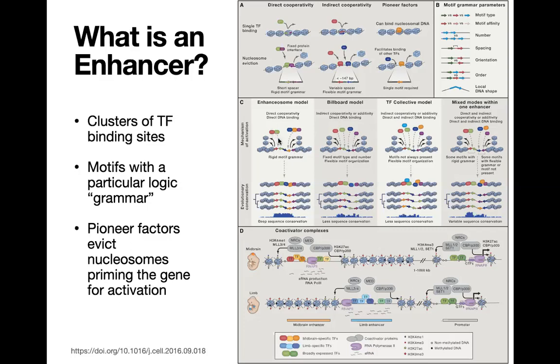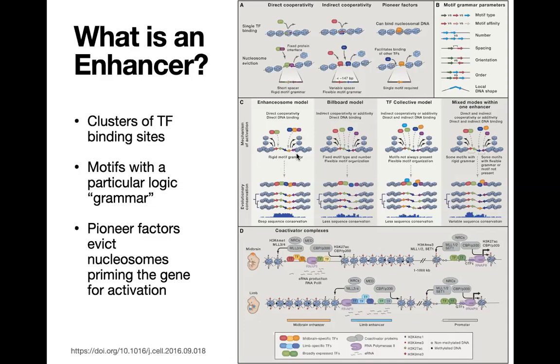Which of these transcription factors is causing the nucleosomes to be evicted is not clear. It could be that one of these transcription factors is. It could be that these transcription factors are not sufficient to evict nucleosomes, and instead you need a pioneering transcription factor that comes before it to clear the path for these transcription factors to bind as well.